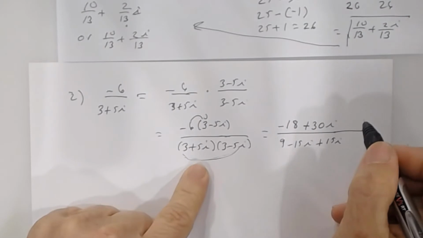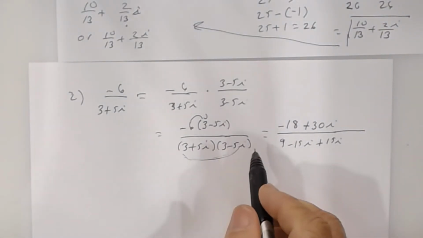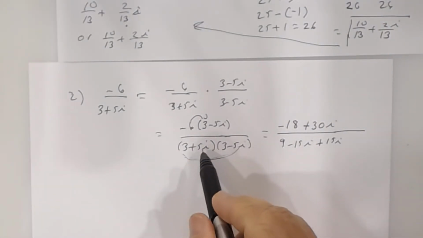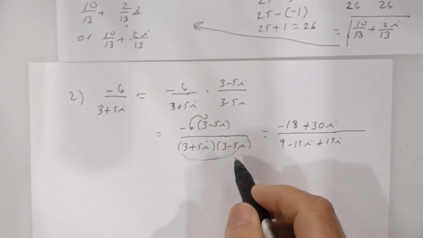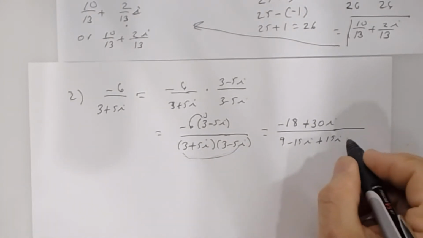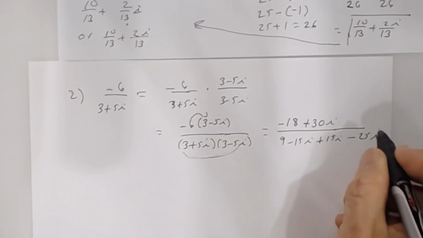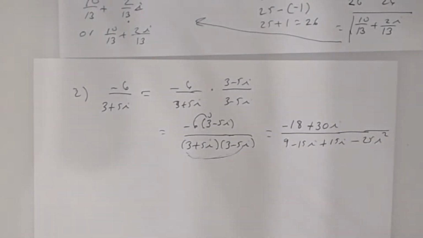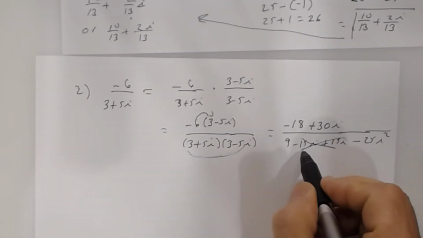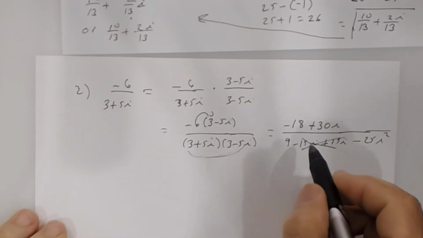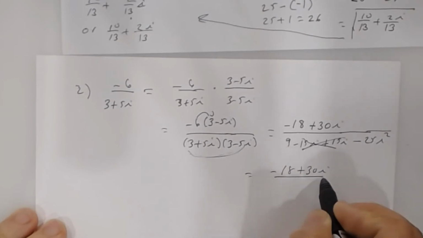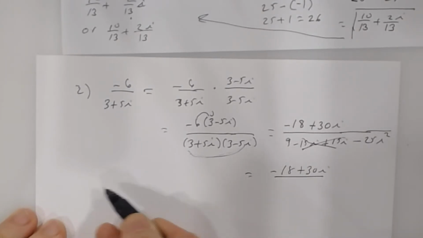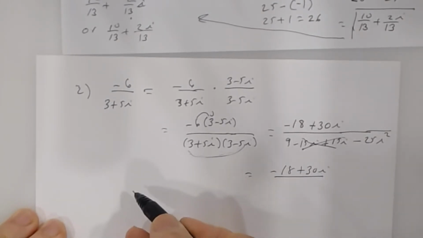Now the last. Now I want you to notice something. These are conjugates, right? So the one will be positive, the other one will be negative. So a positive times a negative is a negative. Negative 25i squared, yes. All right, now the outer and the inner cancel out, right? Okay, so I'm left with negative 18 plus 30i divided by, now let's go off to the side and figure out what that denominator is.